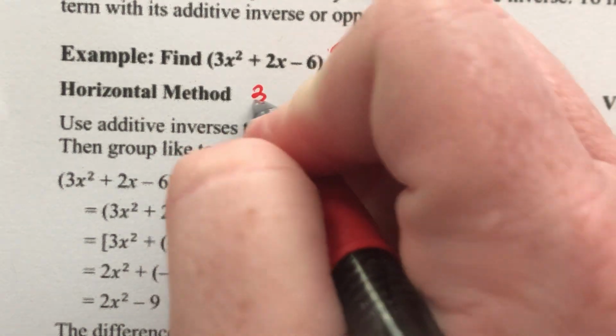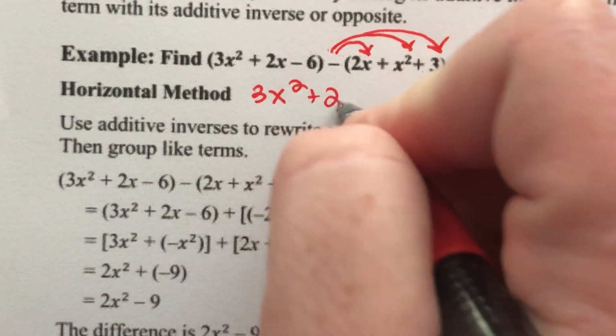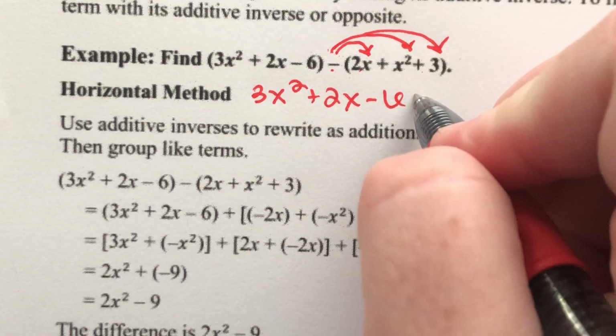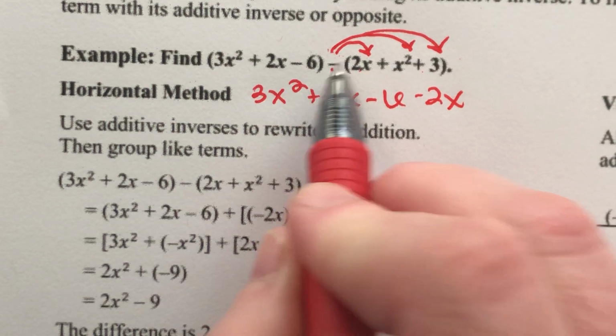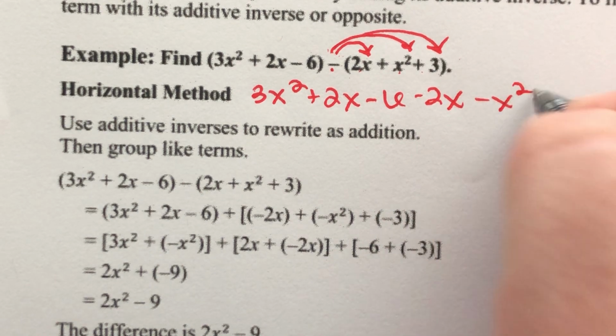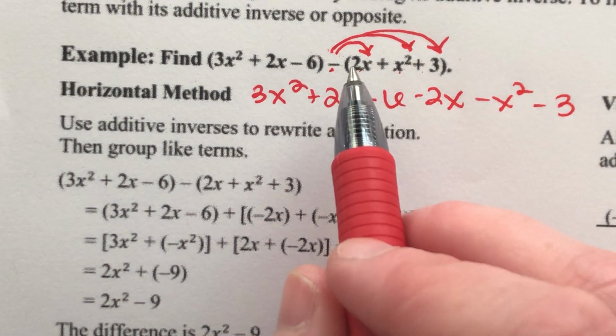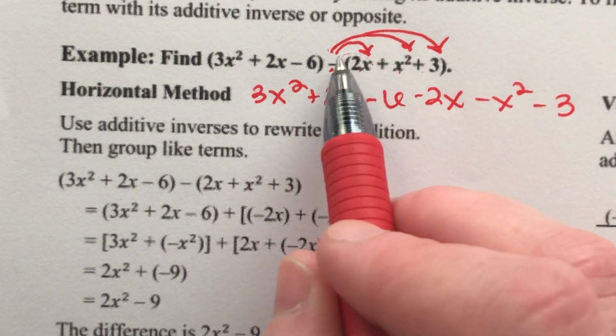So this is 3x squared plus 2x minus 6, and then minus 2x, and then minus x squared, and minus 3. Right? So we've distributed this negative sign to every term in here.